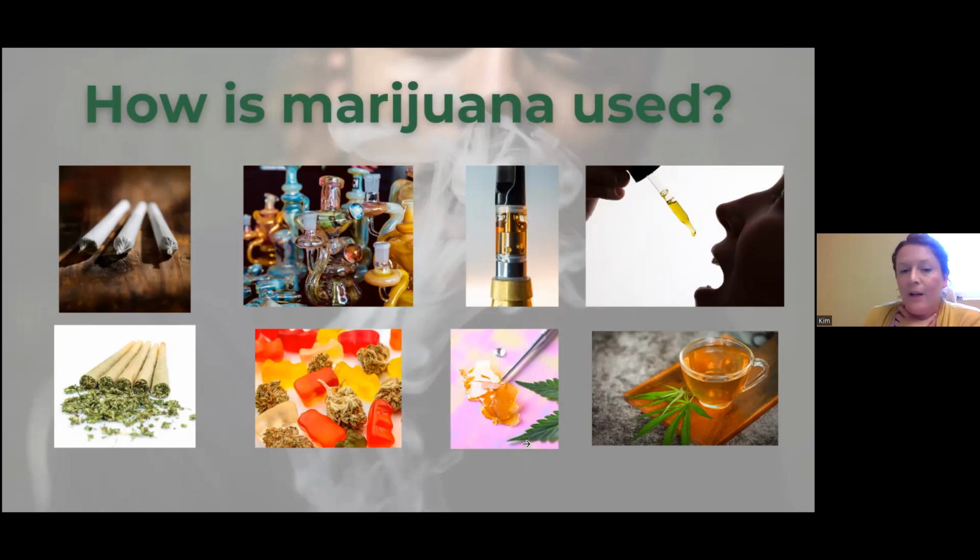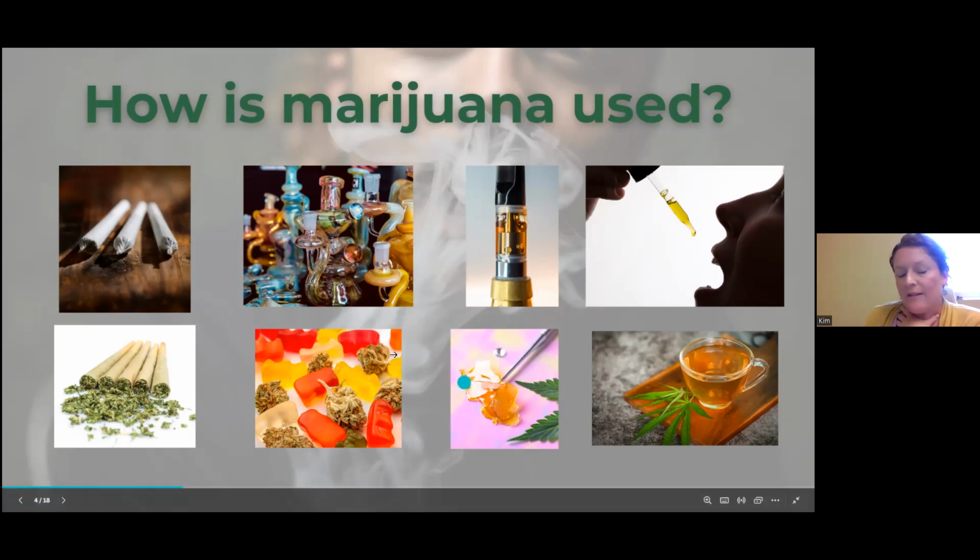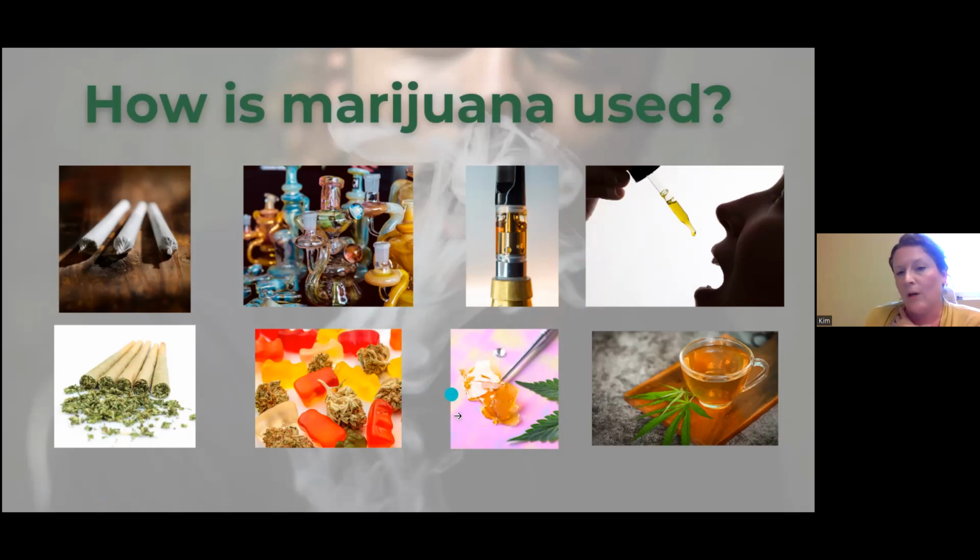Okay. These are the two areas that I would like to spend a little bit of time on, in addition to the vaping. But we are also seeing an increase in the use of teas and coffees. You can even find K-cups for your Keurig. So anything that you can imagine is now available with either CBD or THC levels in it.